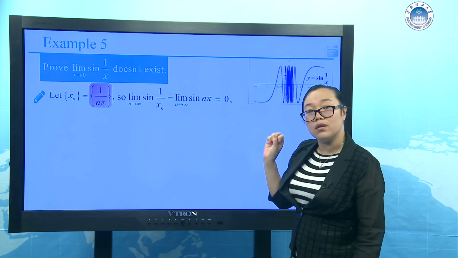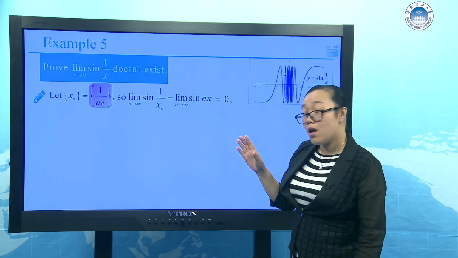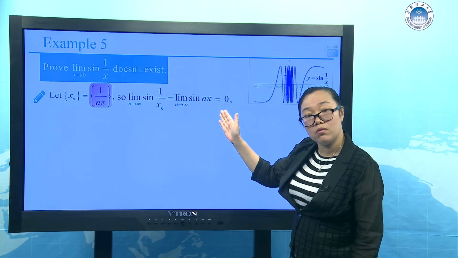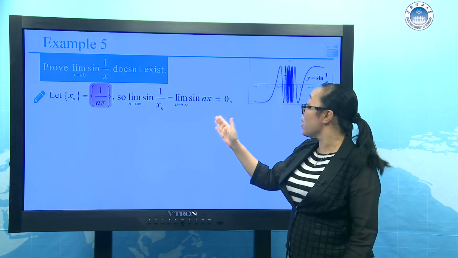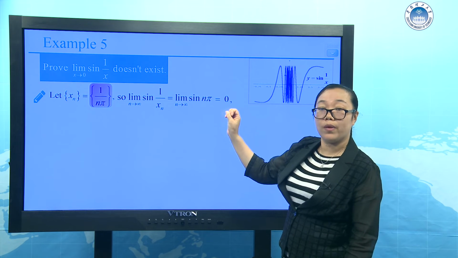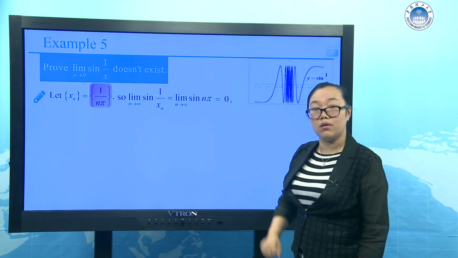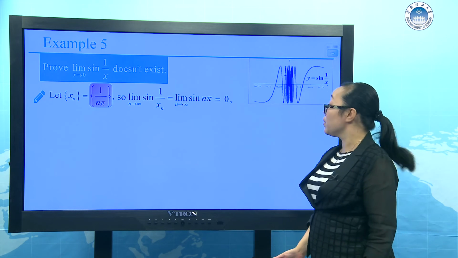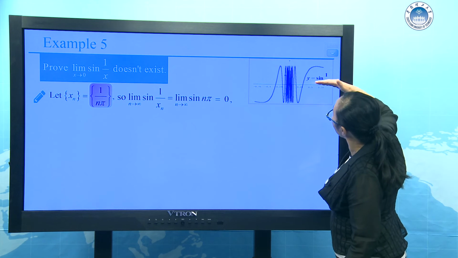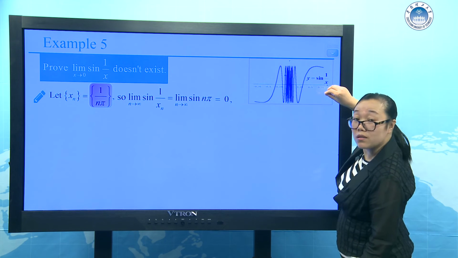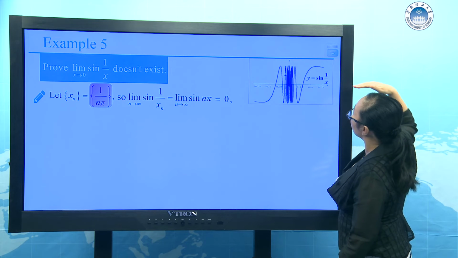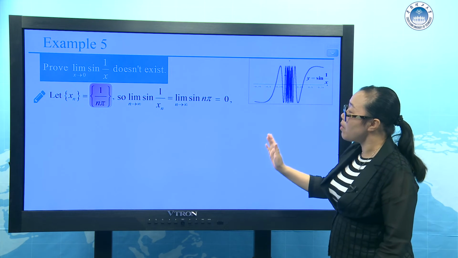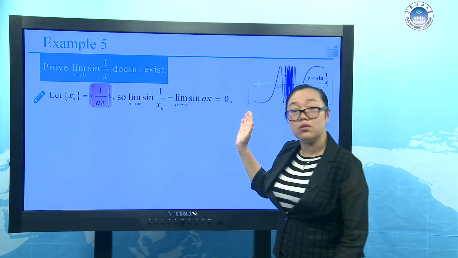We don't care about the numbers of n. n equals 1, n equals 2, n equals any integer. Sin n pi always equals 0. The limit of 0 equals 0, okay? This means some special point equals 0. We can check the intersection points, the blue cross and the x-axis.